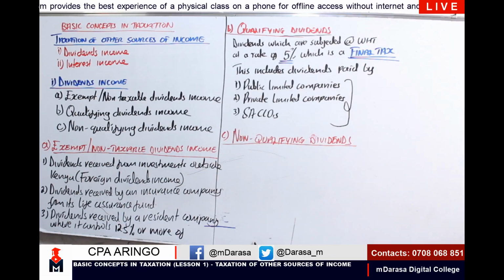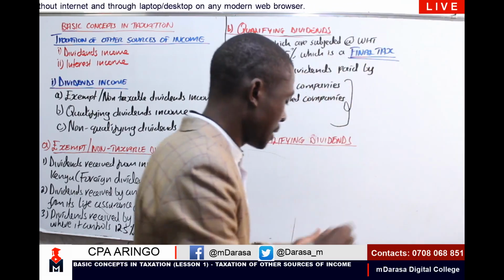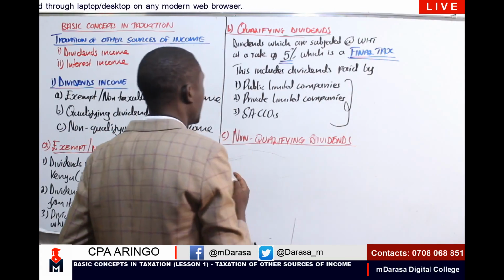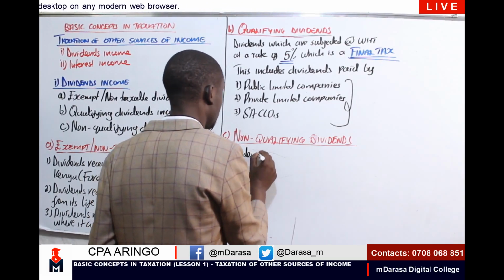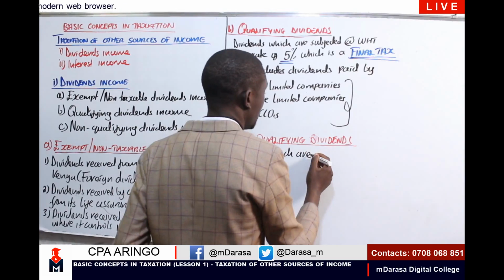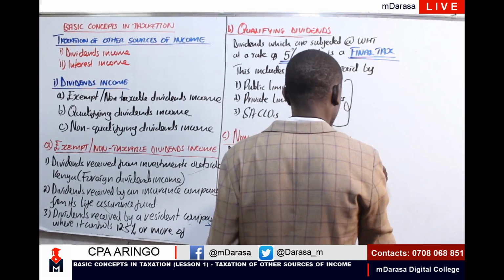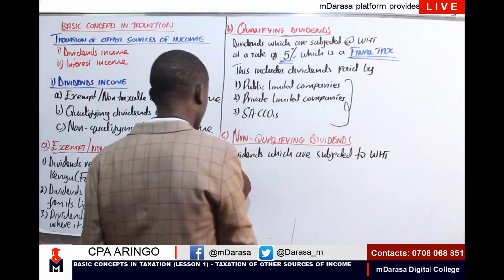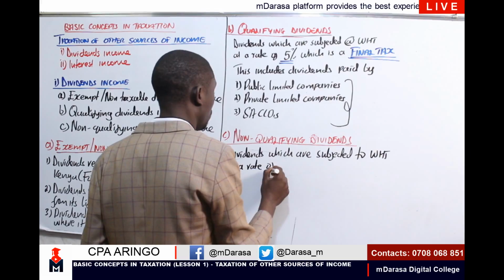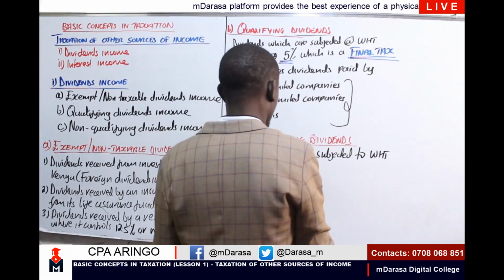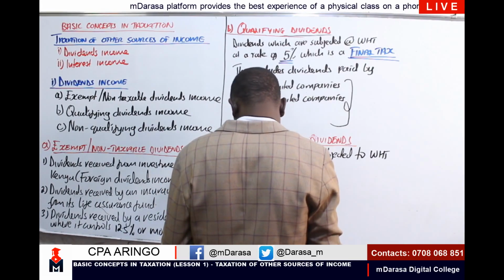We are looking at the aspect of dividends that are subjected to withholding tax at the rate of 15%, which is not a final tax.